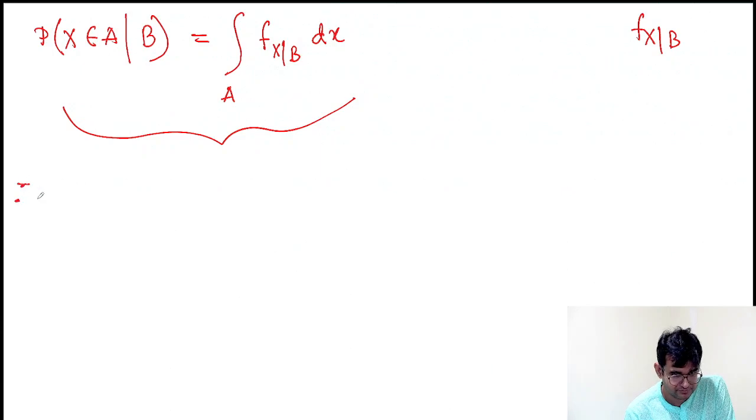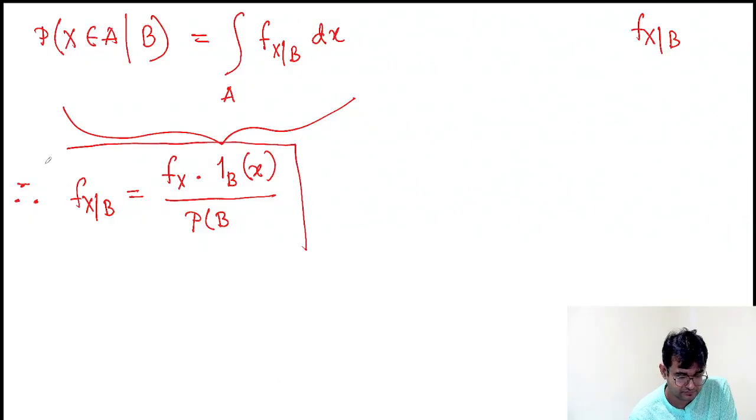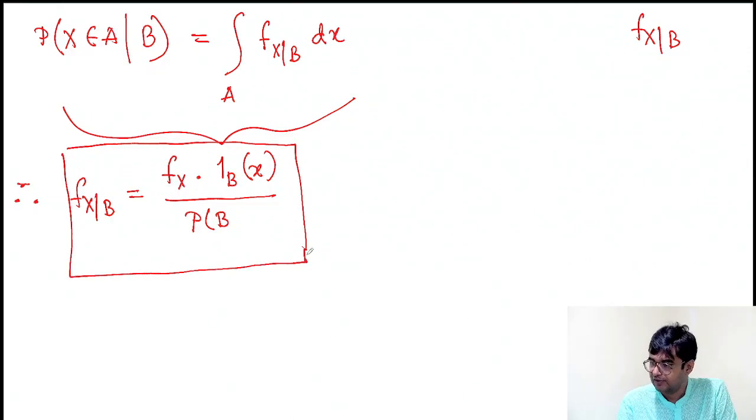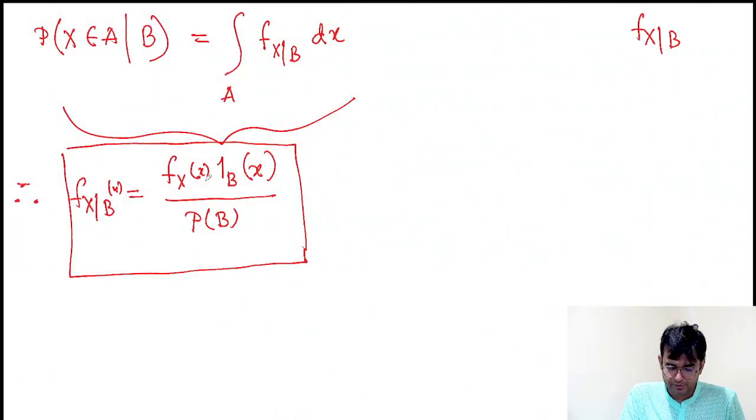So therefore, f of x given B is equal to f of x multiplied by indicator function of B of x divided by probability of B. So knowing the PDF of x, you can find the PDF of x given an event B by using this formula, where you need the PDF of x, which is generally known to you.